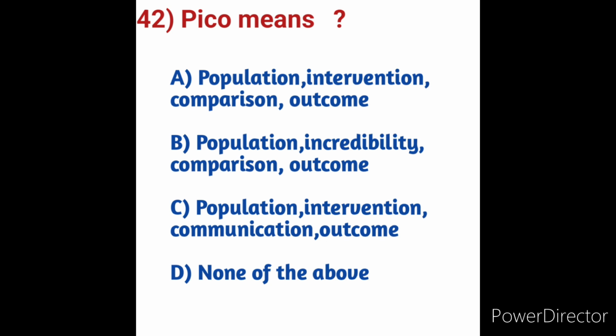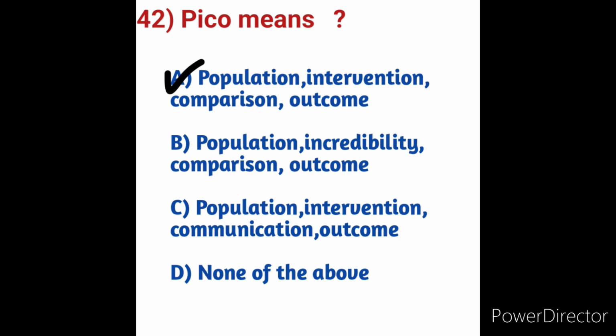So here PICO stands for patient or population, intervention, comparison and outcome. So here in these options, option A is the correct answer, population, intervention, comparison and outcome.